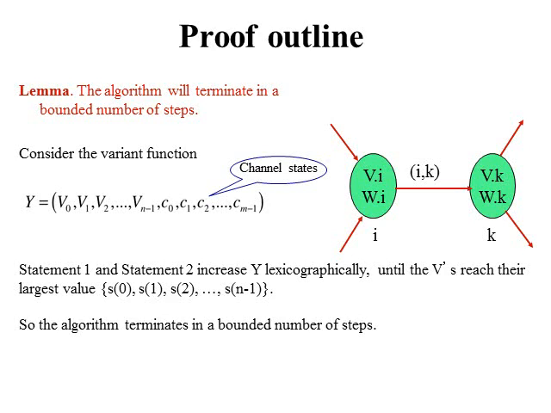Now let's look at the next lemma. This lemma says that the all-to-all broadcast algorithm is going to terminate in a bounded number of steps, or a finite number of steps.